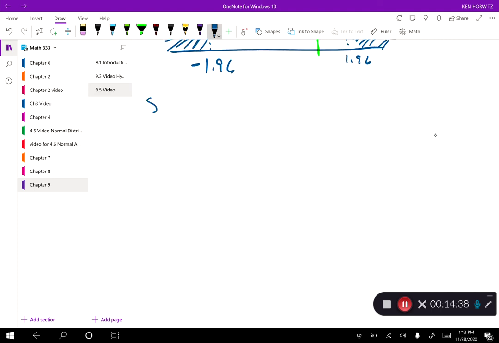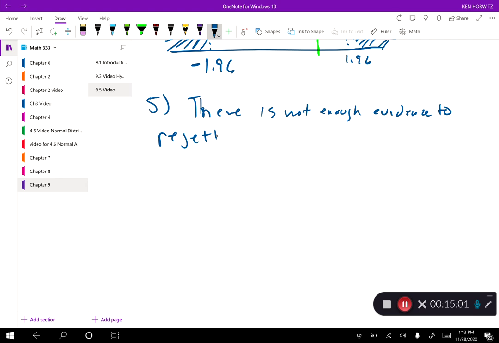And now let's make a summary. There is not enough evidence to reject the claim, again, that the dropout rate is, I will let you fill in the rest of that.